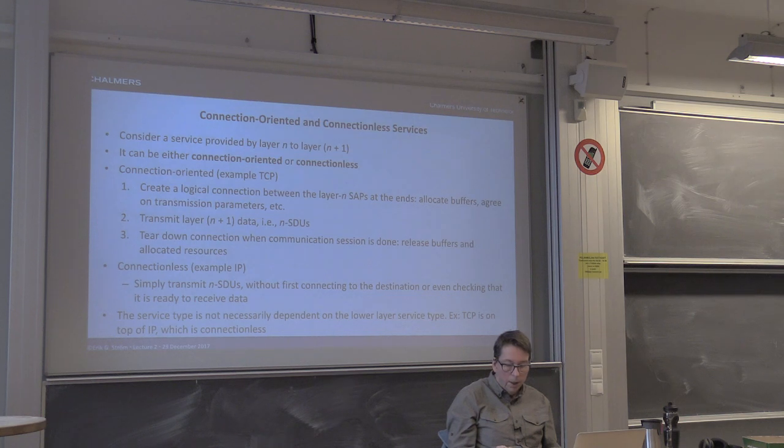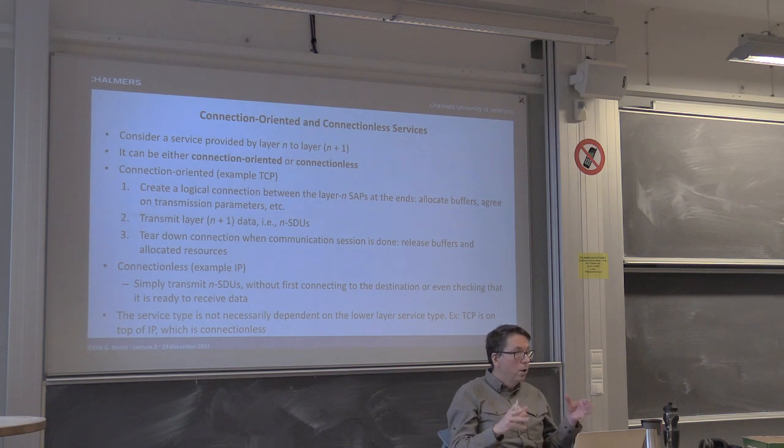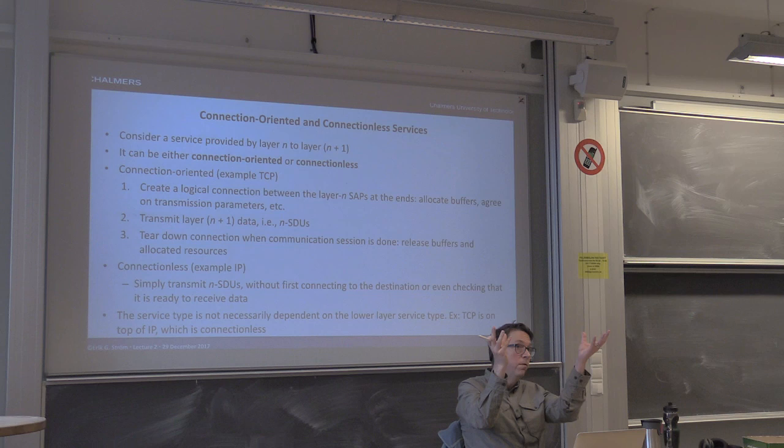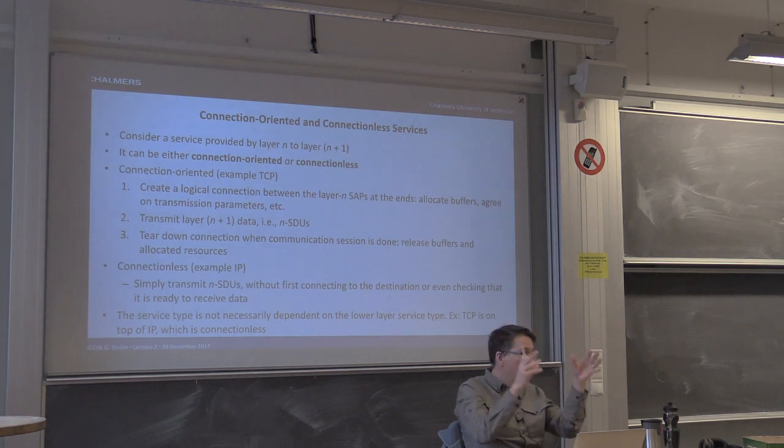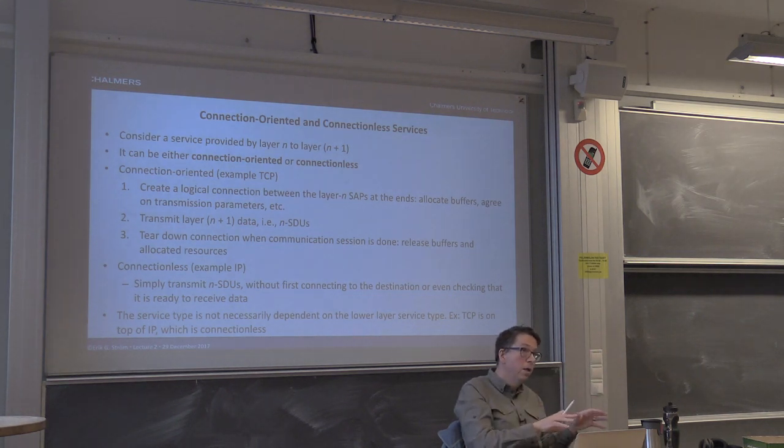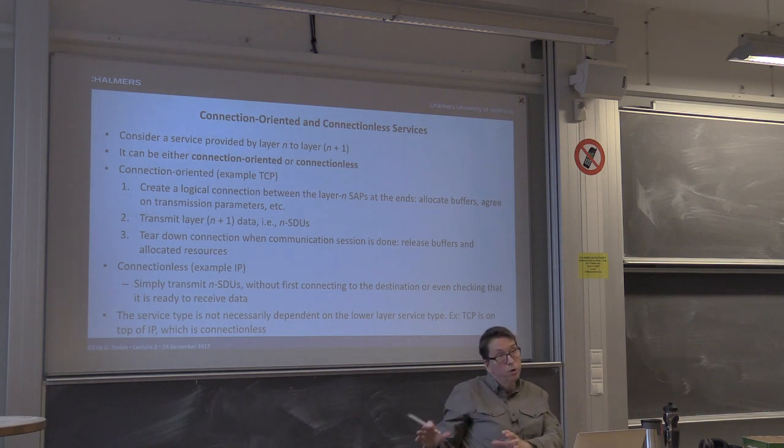So TCP, we know that that is connection oriented, but TCP works on top of IP, which is connectionless. So me being a layer, I can provide a connection oriented service above, and below me there could be connectionless or connection oriented services, right?